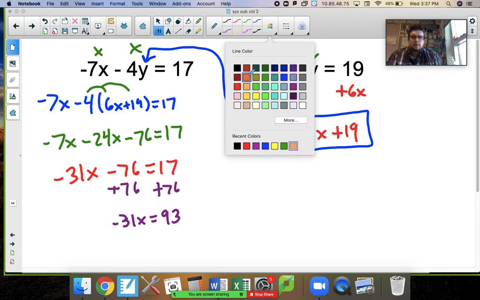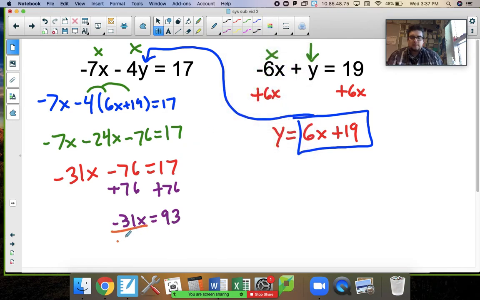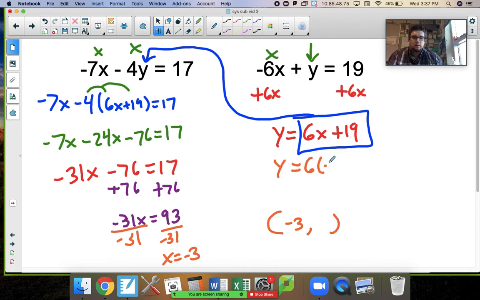We divide by negative 31, and x is -3. So that's half of our answer. We plug that in right here. And y is 1.